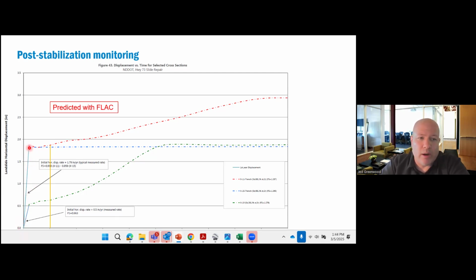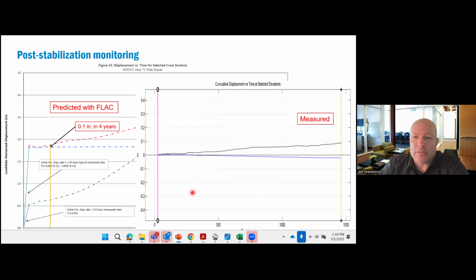And so here we are after 1 year at 1.79 inches. Then the red line is what do we predict for the deformation of the slope after stabilization? And you can see that after 4 years post-stabilization, we predicted 0.1 inches. It's this little gap right here. So you get 2 inches, 1.5. So about 0.1 inches in 4 years.